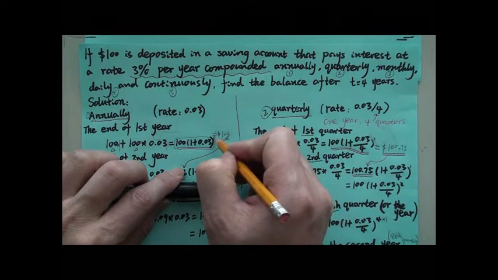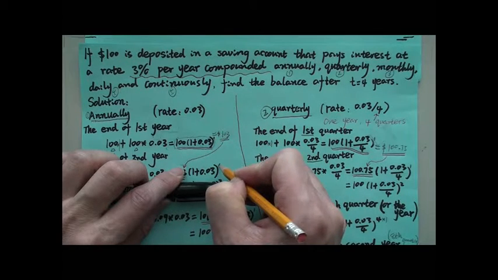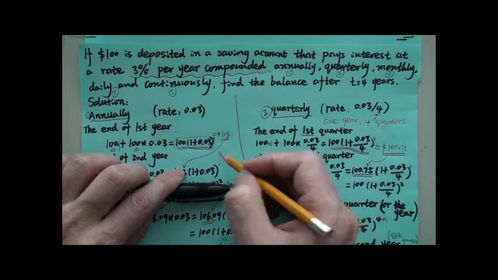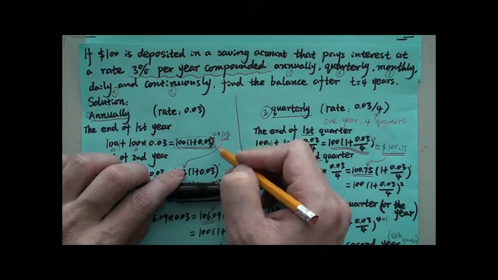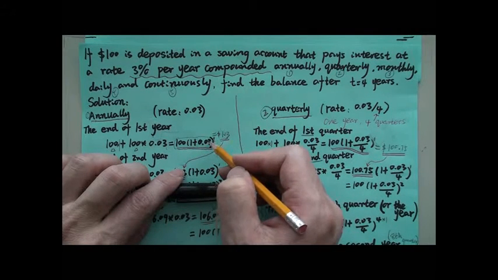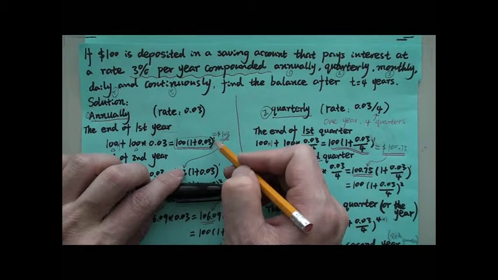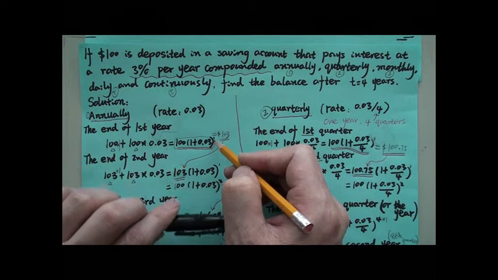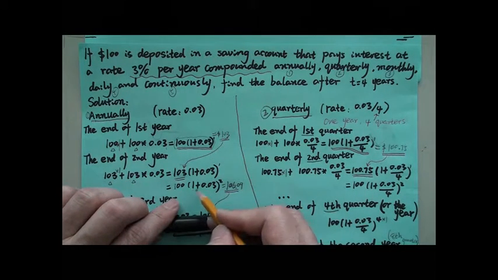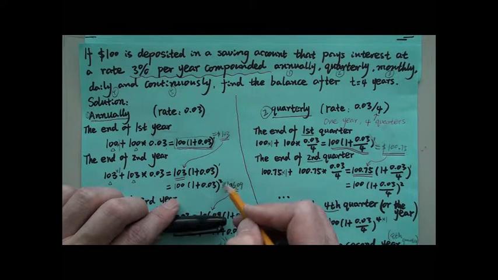The exponent here is 1, here is 1, so eventually you have 100 times 1 plus 0.03 squared.